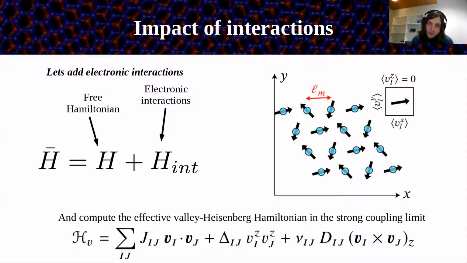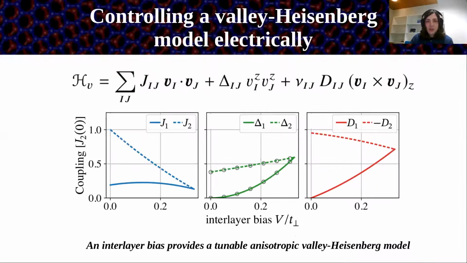And now at this point, the interesting thing is that these local interactions that appear between the different localized valleys can actually be controlled by an interlayer bias. So if you now systematically compute this electronic structure for the different interlayer biases and essentially derive what the different exchange couplings are that you get in your system, both isotropic and anisotropic, you can essentially see that all the parameters in your effective valley Hamiltonian can be tuned with the electric bias.